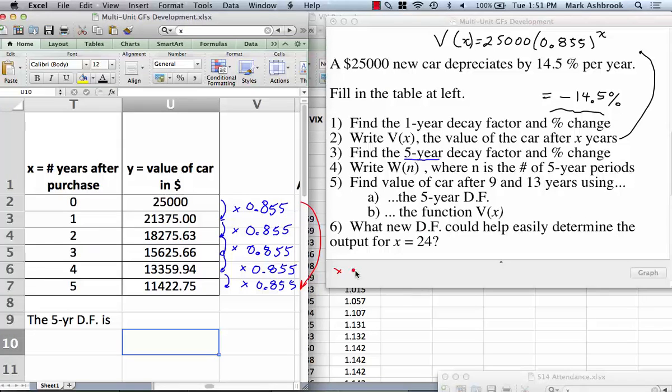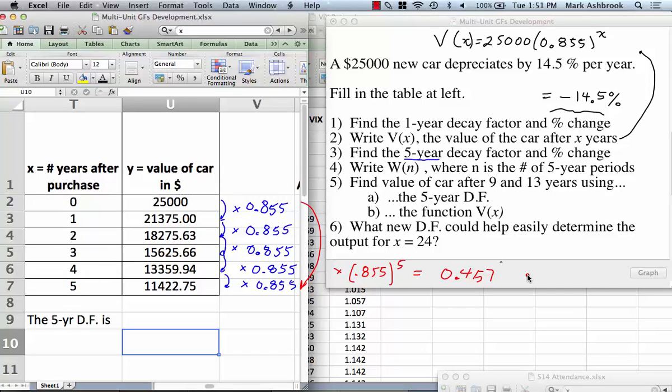And so the equivalent number is what he said, 0.855 to the 5th, right? Because we see it in blue there. We're multiplying by that decay factor 5 times. So to do it all at once would just be to the 5th. And what did you get, Omar? 0.4569.